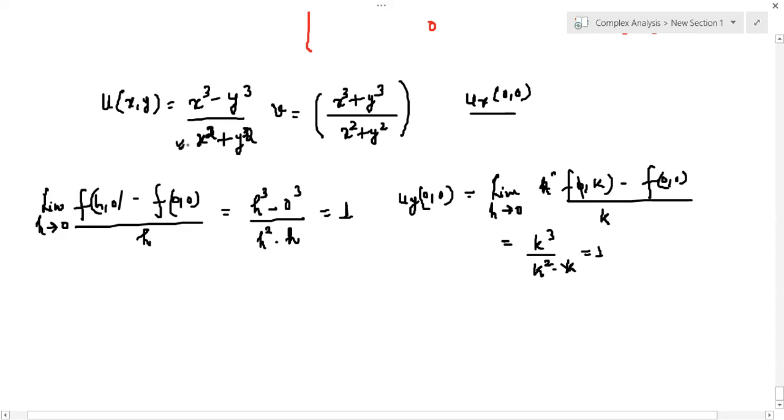Okay, so please correct it. Actually, I wrote it wrong initially. Otherwise, if this would be x cube plus y cube, then this limit around 0, 0 would be 1 over h, which goes to infinity, and that would be a problem. So this is the question. Actually, I forgot to write the right one.